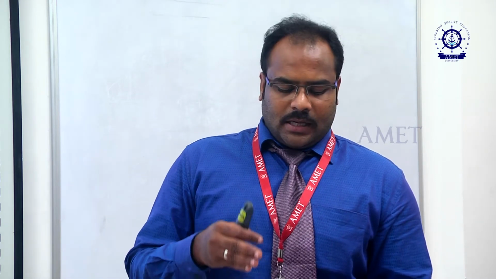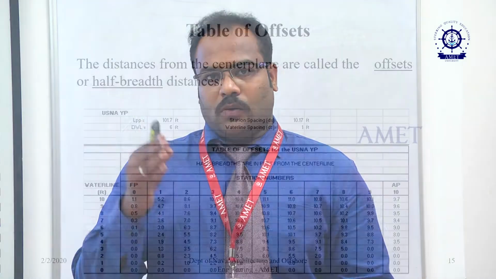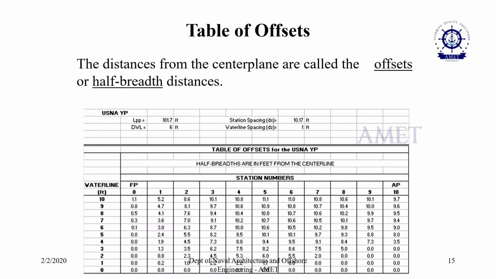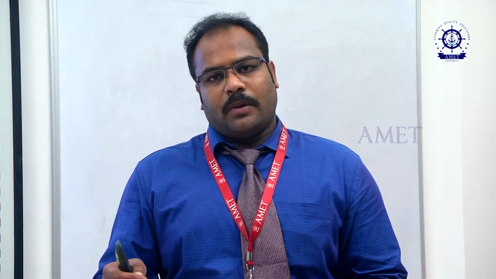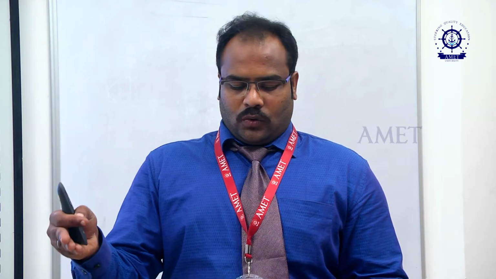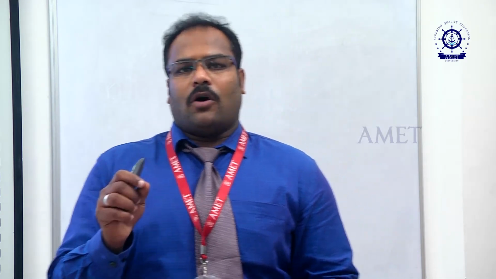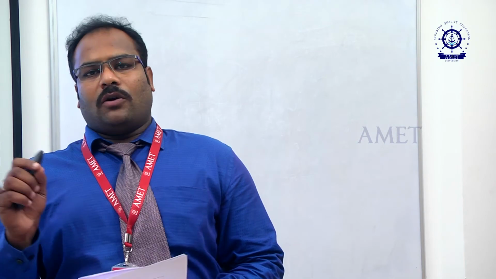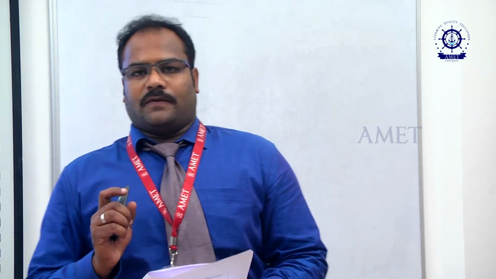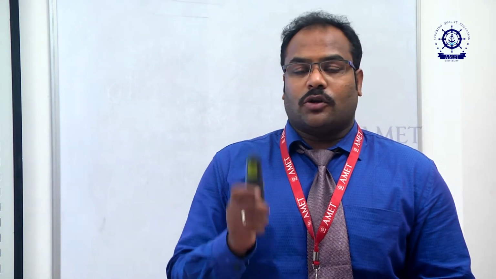The cells at the intersection of a row and column, like x1 y1, will be my waterplane 10 and station 0, and waterplane 10 and station 1 will be my x1 y2. Like that, every cell is an address for the numerical representation of the curves.